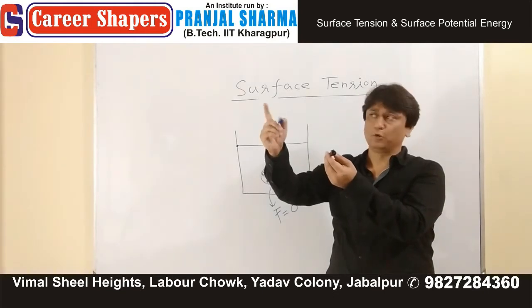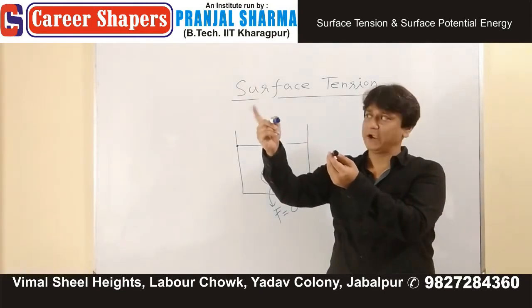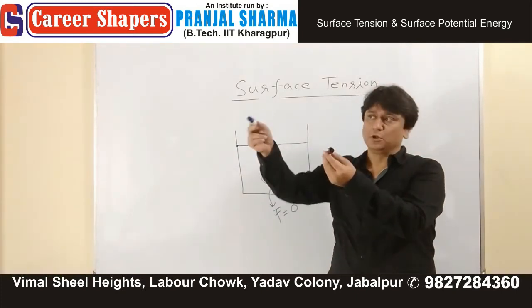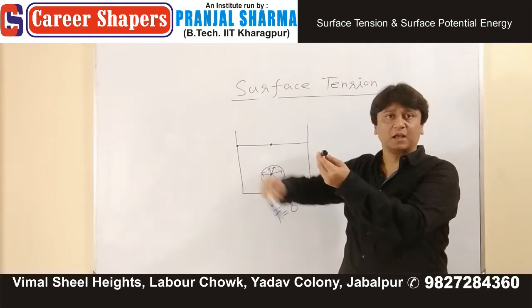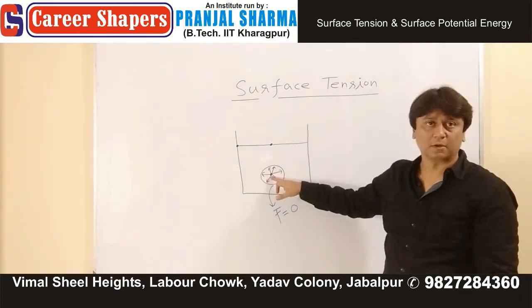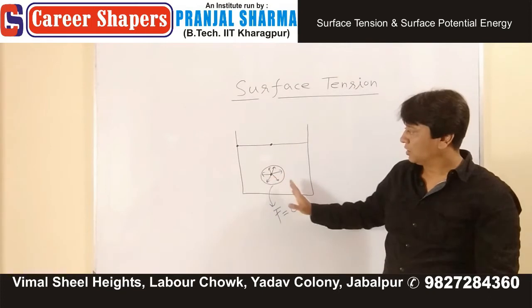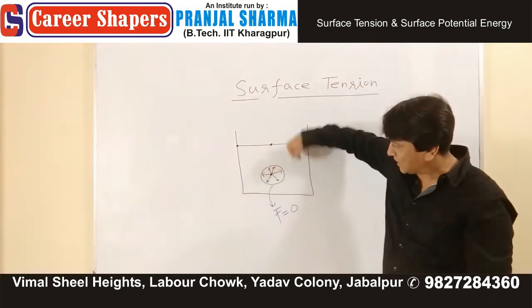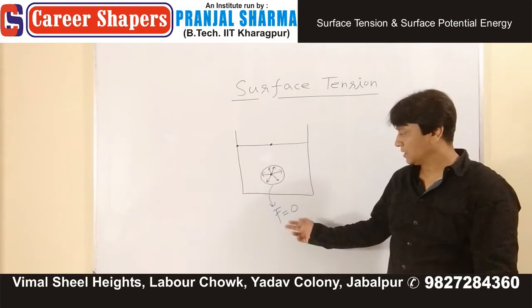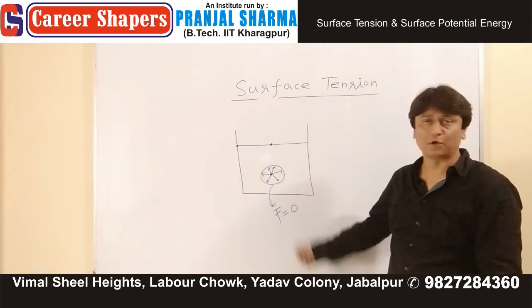Any molecule which falls outside right here, its force is almost negligible. So in a spherical region around this molecule, these are the directions of all the intermolecular forces, giving us a net force of what? 0.